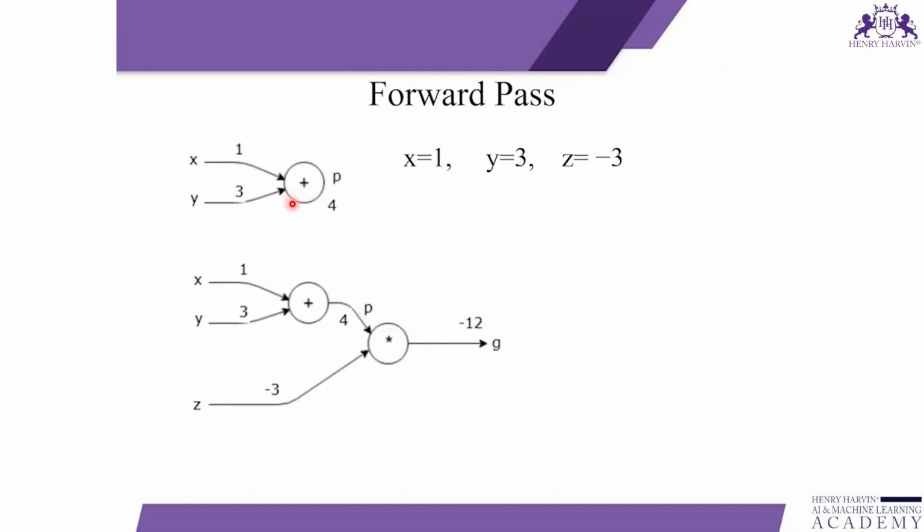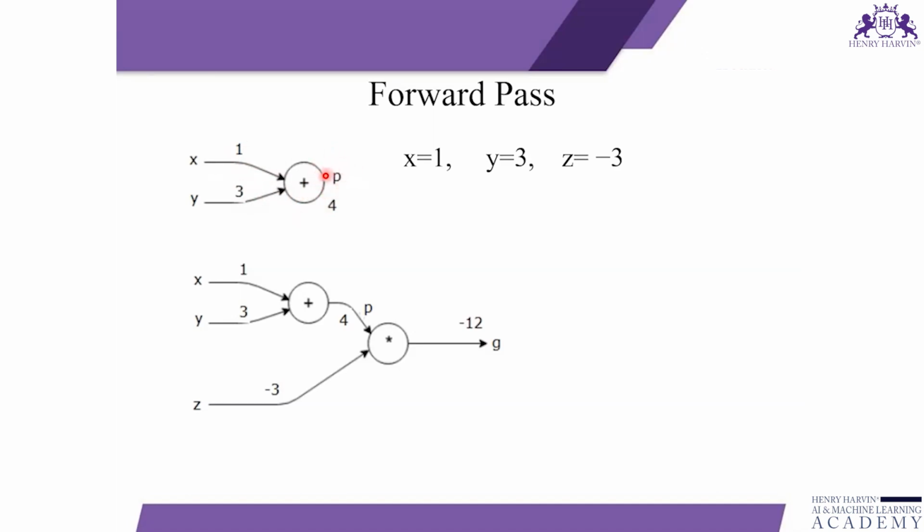Now look into this. What we can see here is there are two inputs, 1 and 3. And here you can see the addition operator. So when the addition is performed on these two inputs, we get the output as 1 plus 3 is equal to 4.